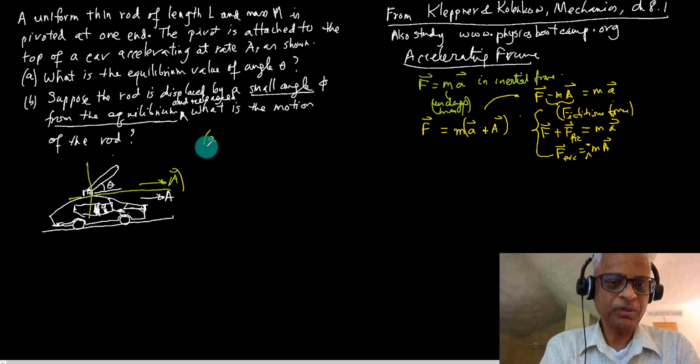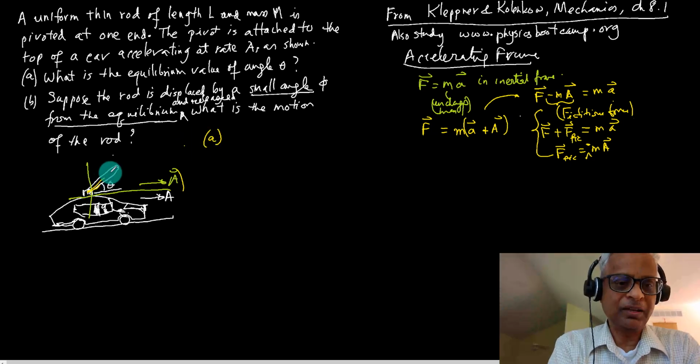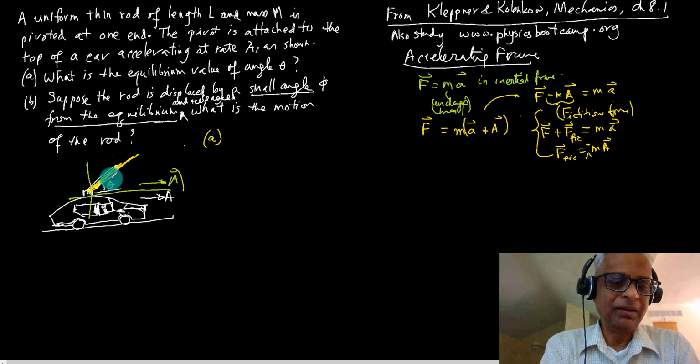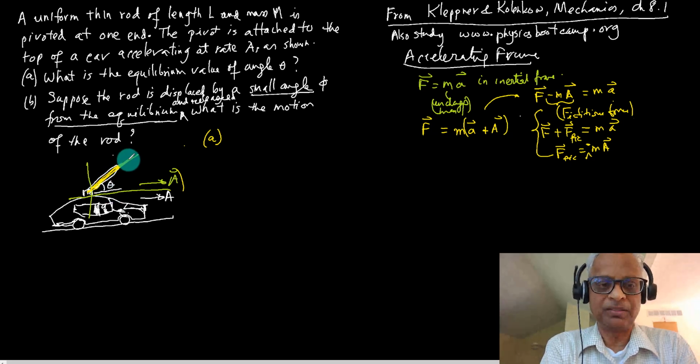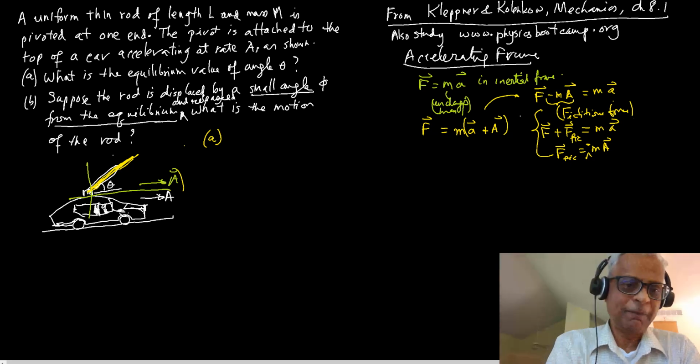So let's look at what part A is saying. A is saying there is an angle theta at which this remains in the same direction. It doesn't rotate around, it doesn't wobble or anything. It just remains steady. So let's look at the rotation of this.